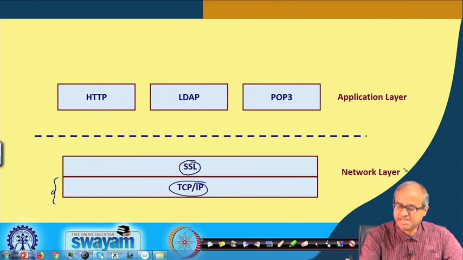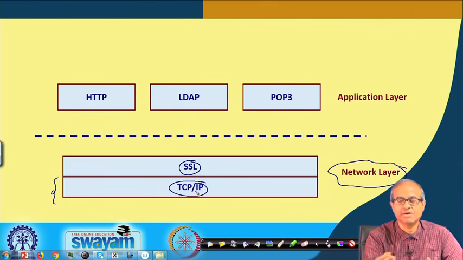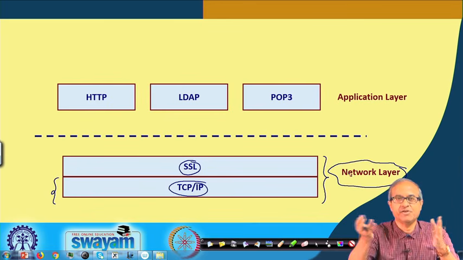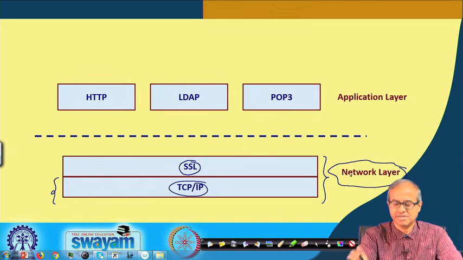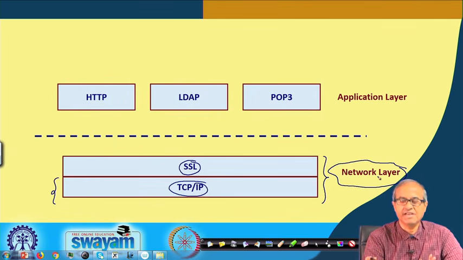You can generically call them the network layer, but technically speaking this is actually a combination of network and transport layers. But generically, these are the two layers which provide transport of data over a network. That is why you can roughly call it a network layer.